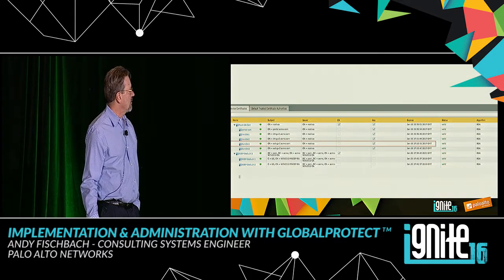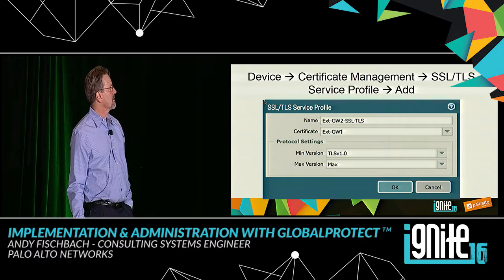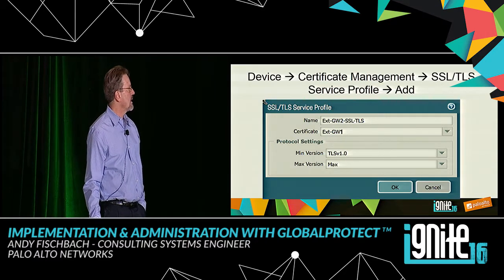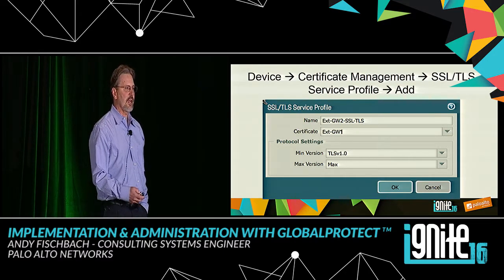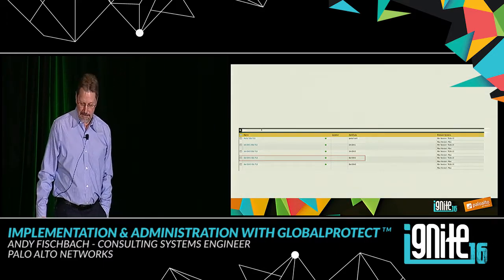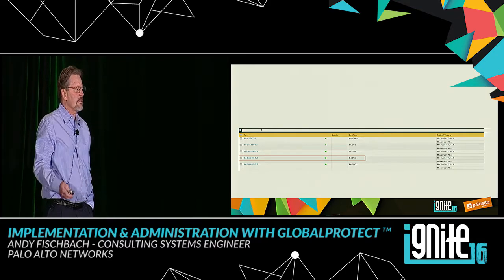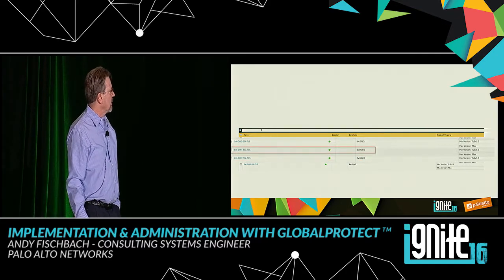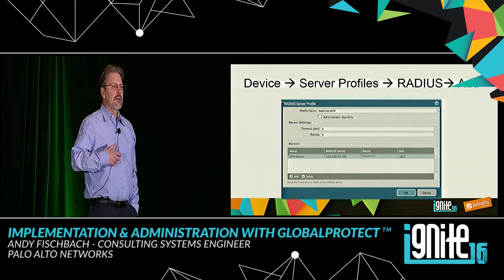Right? So I created my certificate, and then I have to create my SSL TLS service profile, which basically allows me to set a minimum and maximum for my TLS range, right? And that's what that looks like. So we've created, so far, all of the pieces, right? Now what we're going to do is define how we're going to authenticate.